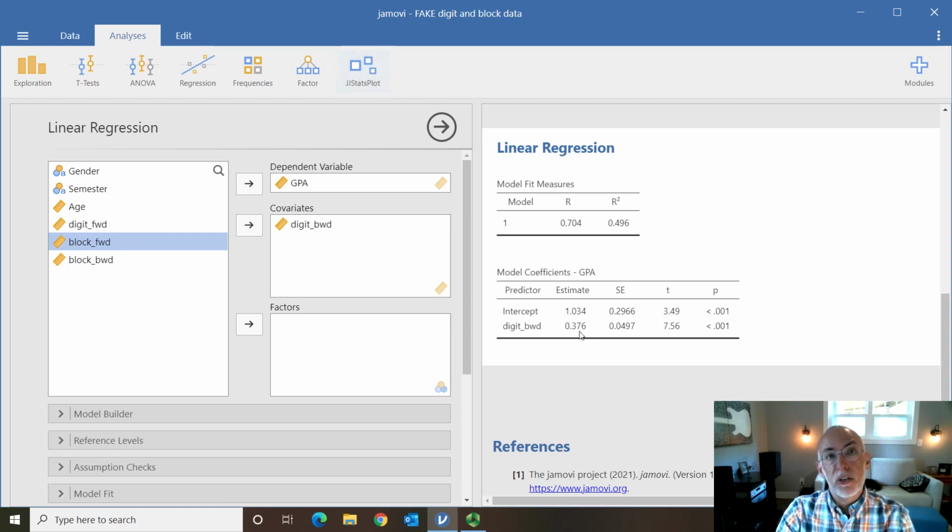So when we put in a single more digit backward, we get an increase of GPA of about 0.376, almost 0.4 increase in GPA. And we can see that's a significant predictor. We look at the t and the p-value to tell us whether or not that predictor is significant. So single linear regression gives us the y-intercept, it gives us the slope, and it tests the significance of those values.